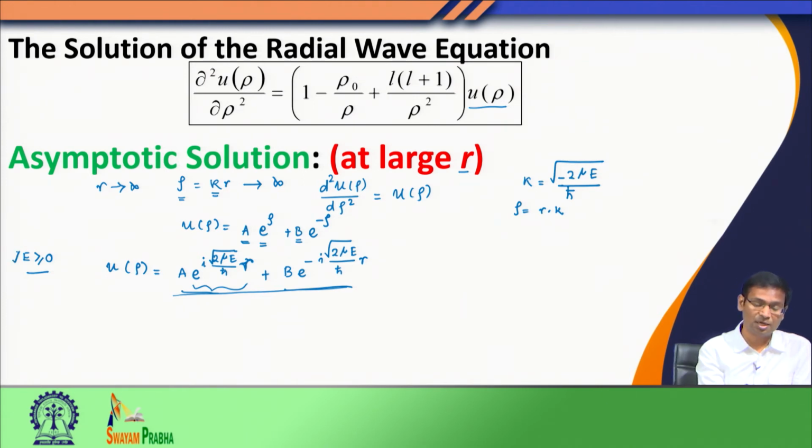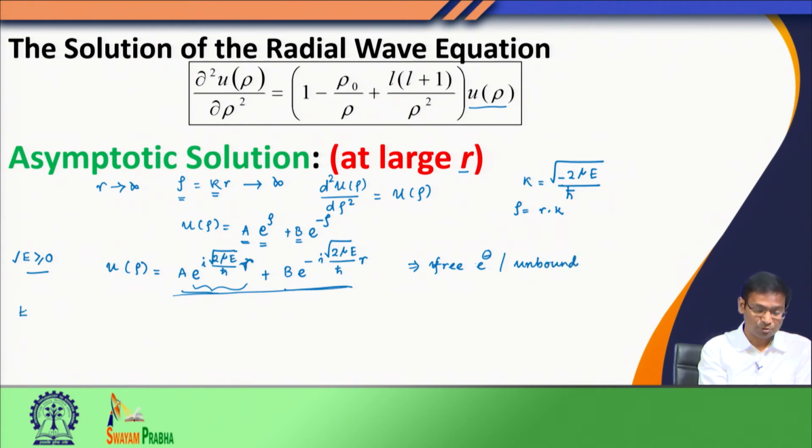So, that gives rise to positive or 0 energy of the electron, and the solution of that is an unbound solution, because we cannot normalize this function, because this function does not become 0 at r equals infinity. So, this solution gives the solution of a free electron or free particle, and the solutions are unbound.